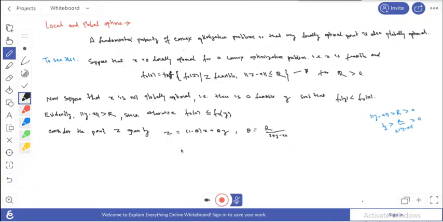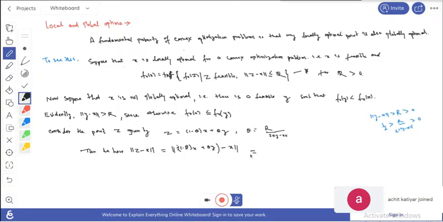Now this equals the norm of f. Then what is the value of the norm of z minus x? The value is the norm of z, where z means (1 minus theta) x plus theta y, minus x.